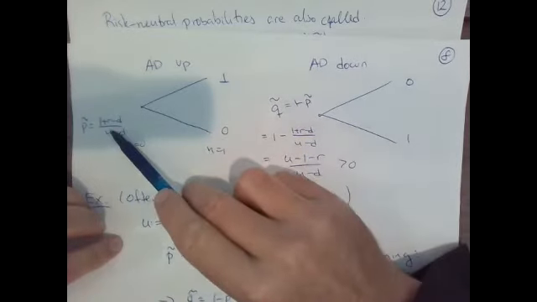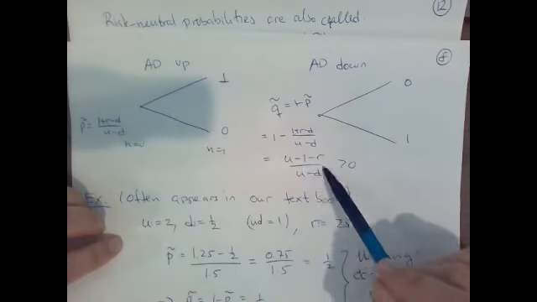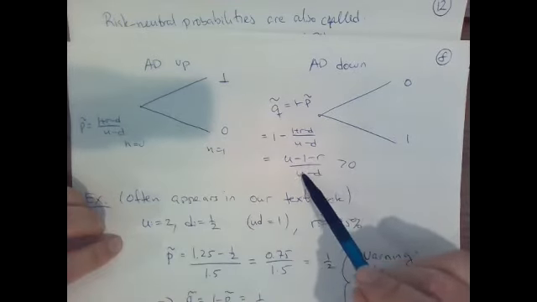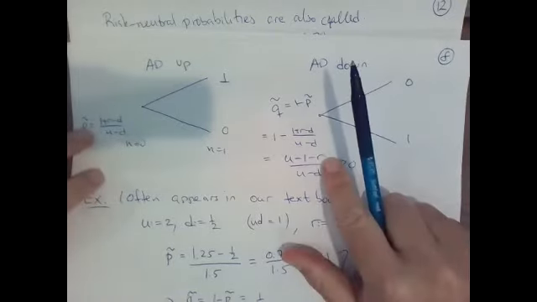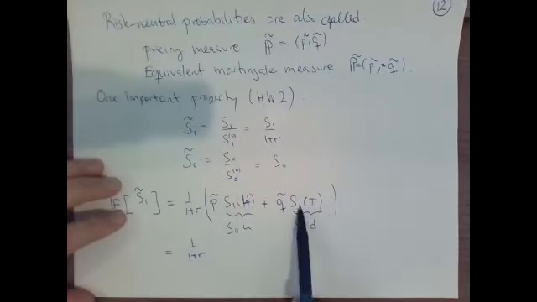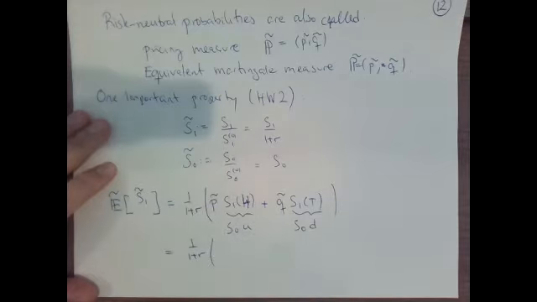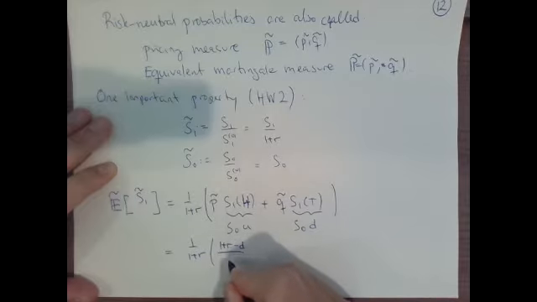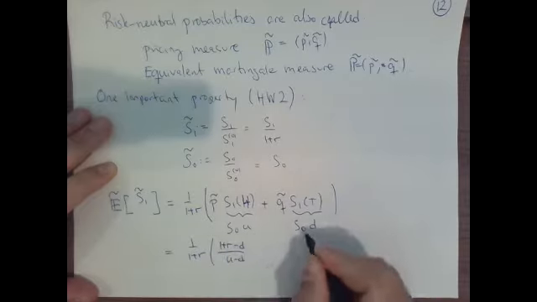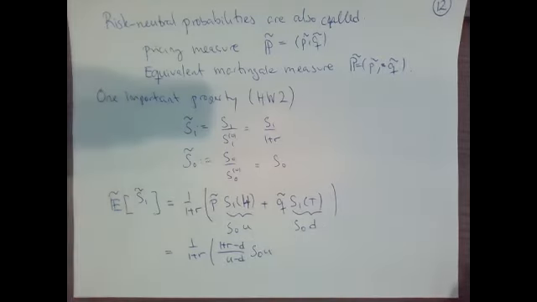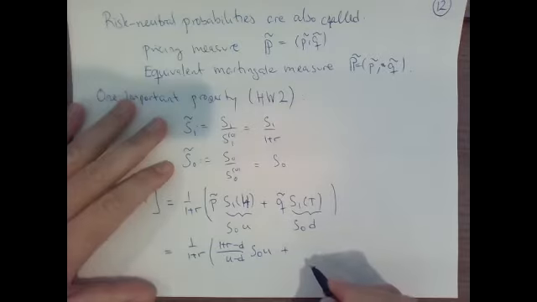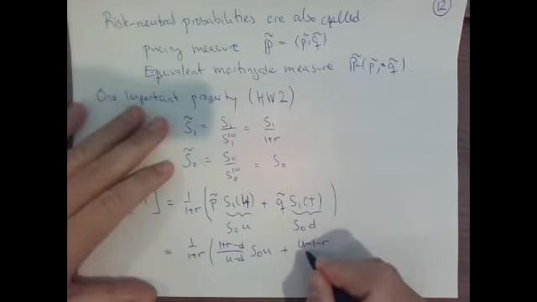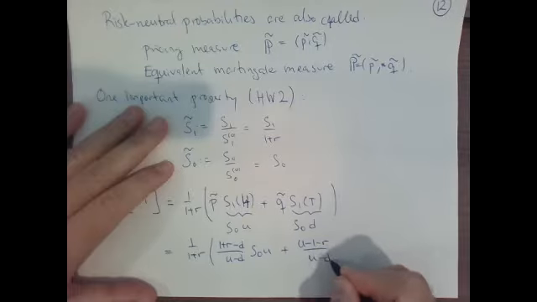P tilde was 1 plus R minus D divided by U minus D, and Q tilde was U minus 1 minus R divided by U minus D. I'm going to plug these two expressions in: P tilde, 1 plus R minus D over U minus D, times S0 U, and likewise U minus 1 minus R over U minus D times S0 D.